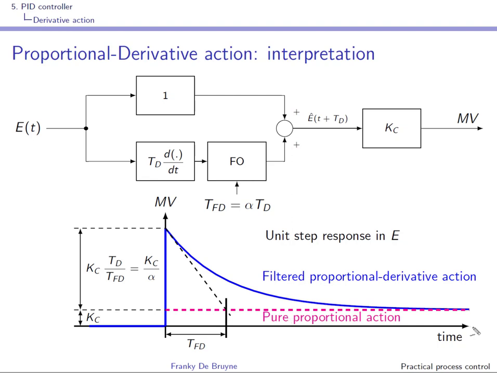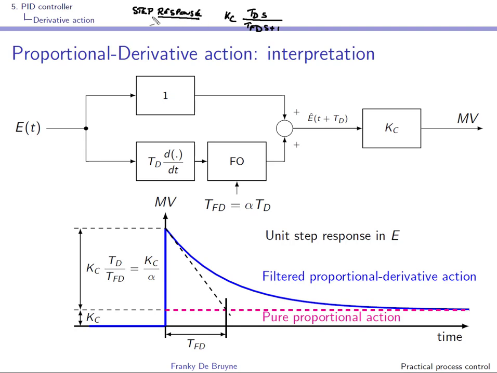For the derivative part we have to take this way, right? And the transfer function that we have to consider is Kc, then the derivative action will yield Td s, and then we go through a first order system. So we have Tfd s plus 1, and we have to look at the step response, right?